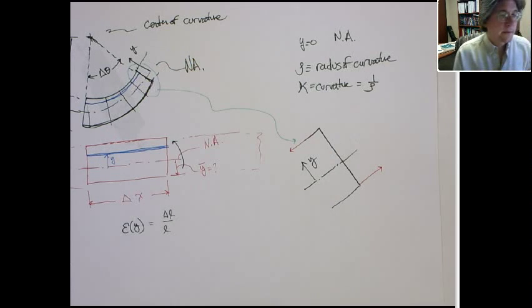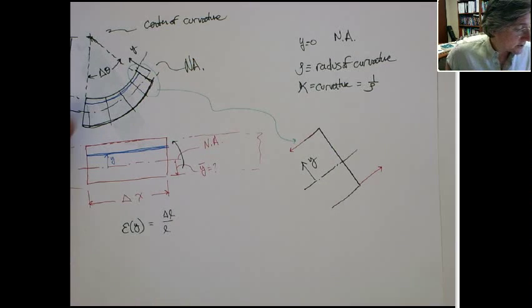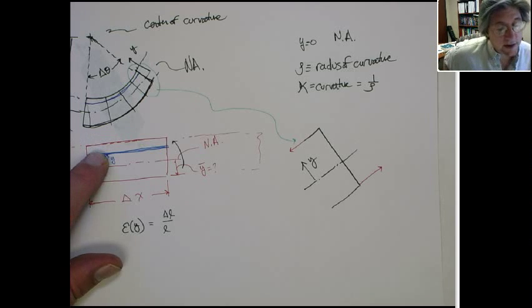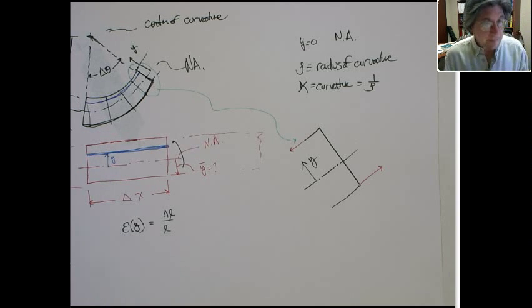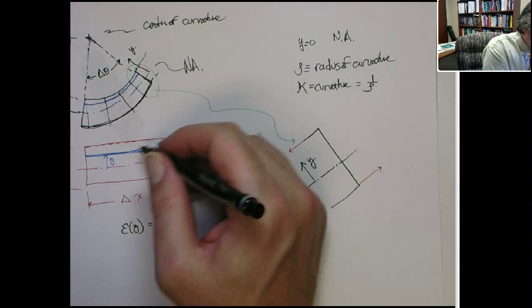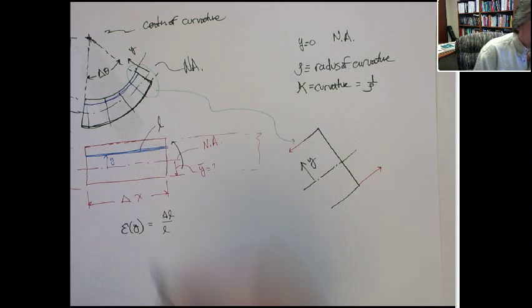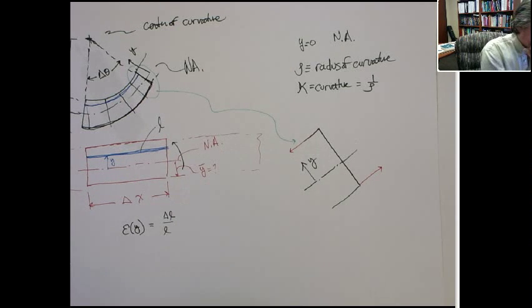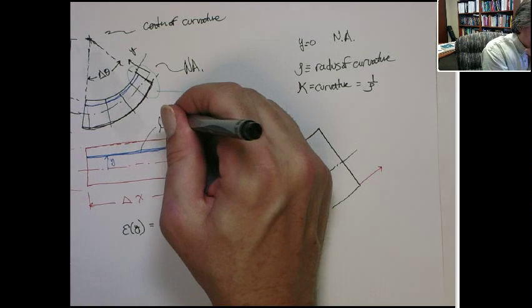Okay? So the change in length is this arc length minus this original length. Okay. So let's do that. So the original length, you can see from this picture that has to be the delta x. The original length is delta x.